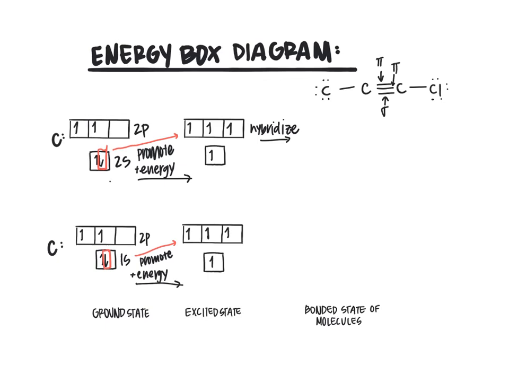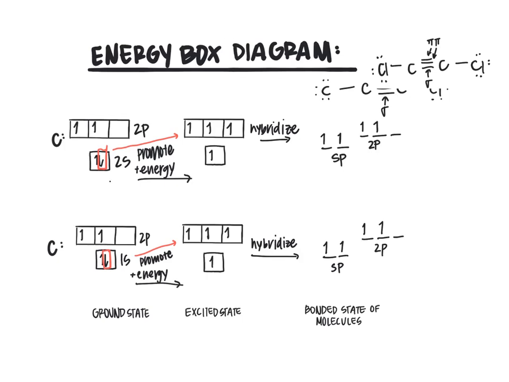Because of that, we're only going to take an electron from the s orbital and one electron from the p orbital, which creates an sp orbital. And then the leftover electrons are going to be in the 2p orbital.